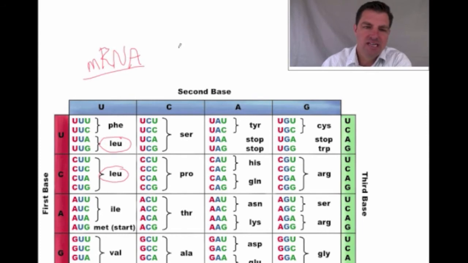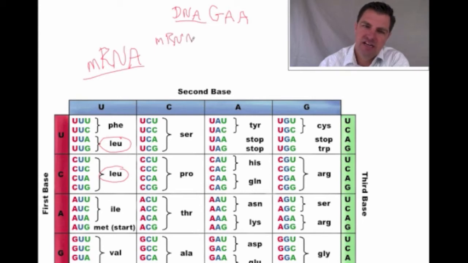So if my original sequence of DNA that I'm using was, say, GAA, all right, so there's my DNA. So what would happen is my mRNA would come along and I would code for that.